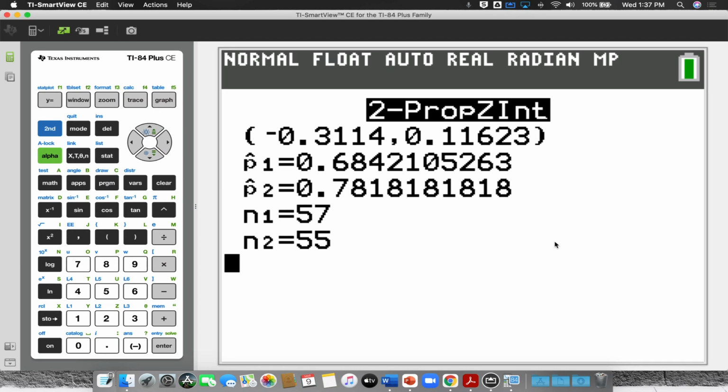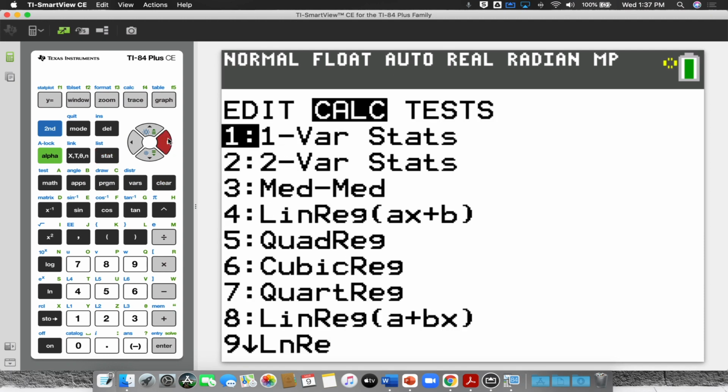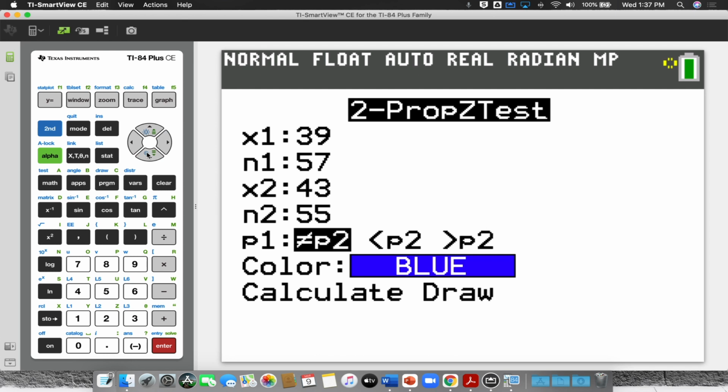We're slowly whittling them down. We have a couple more left, but it's one of the ones we have not used yet. So we need a 2 in front, and I need proportions and a test, right? So which number is that? 6. There we go.